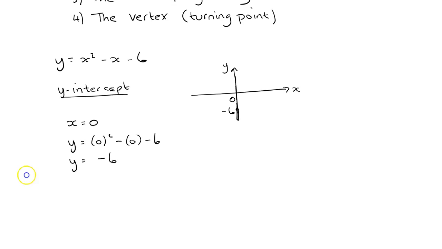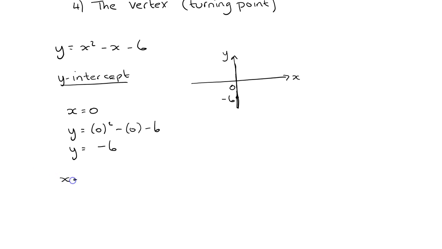The next thing we're going to work out is the x-intercepts. There may be 1, 2, or there may be none. But with a quadratic equation, the maximum number of x-intercepts we can have is 2. The number of possible x-intercepts is always equal to the highest power of x in an equation.